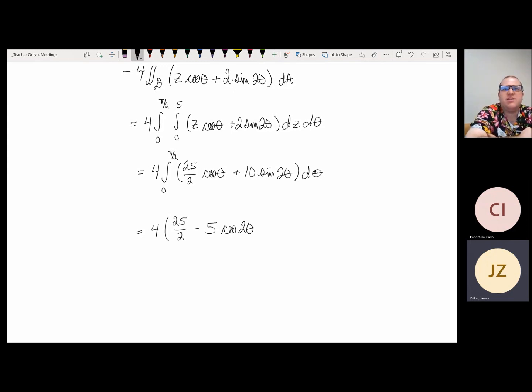Now, cosine of 2 theta from 0 to pi over 2 is the same as cosine of theta from 0 to pi, which is negative 2. That's 4 times 45 halves, which is 2 times 45. Outward flux is 90.